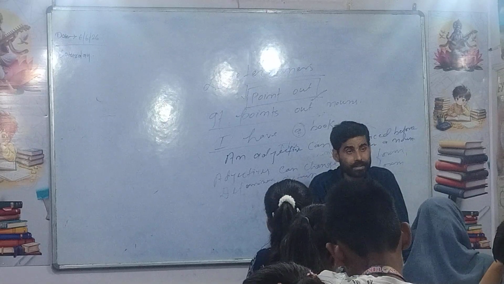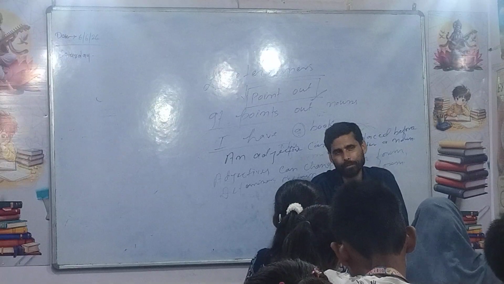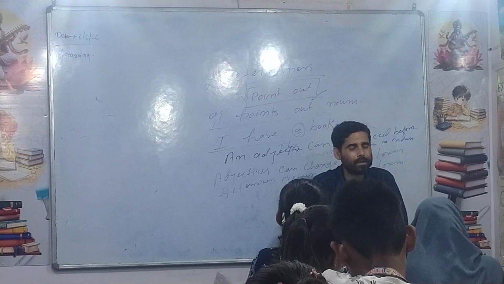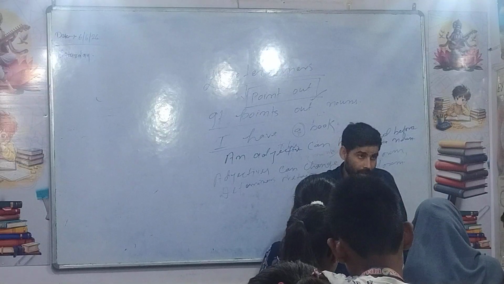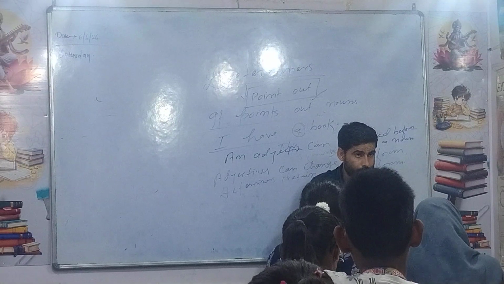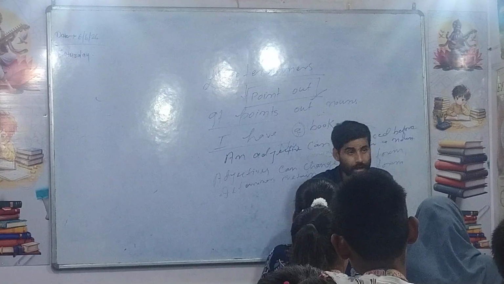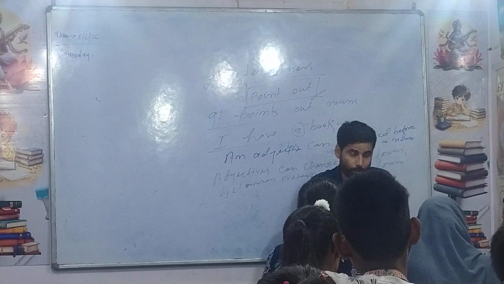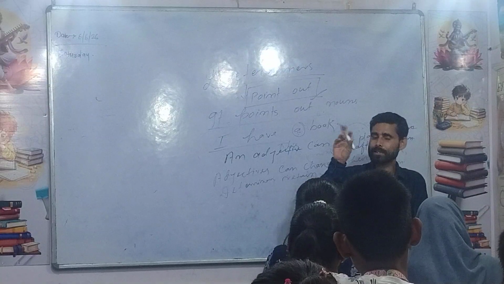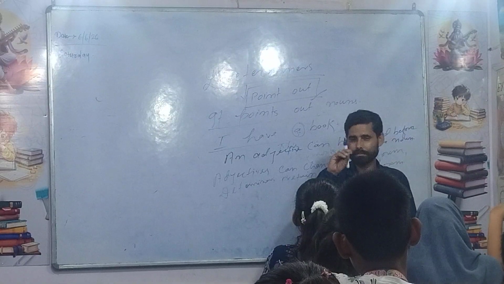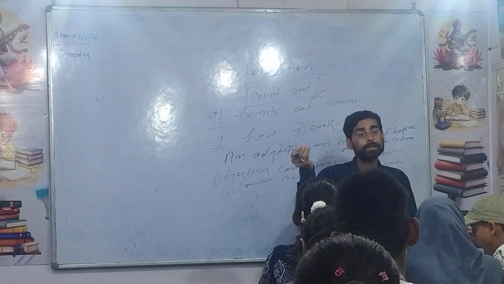It cannot be placed after a noun. So this is the major, or you can say slight, difference between an adjective and a determiner. This is the basic difference which we must keep in our brain. To some extent both determiners and adjectives are similar, but determiners point out the noun.